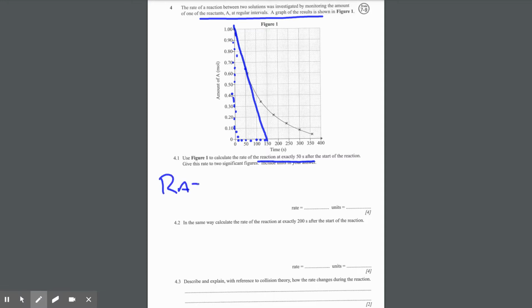So the rate is going to be equal to the change in y divided by the change in x. And so we can use your graph. Obviously, you'll be able to use your graph and look closely at the scale. But we've got a change in y value of something in the region of 0.97, and a change in x of something in the region of 153 seconds.